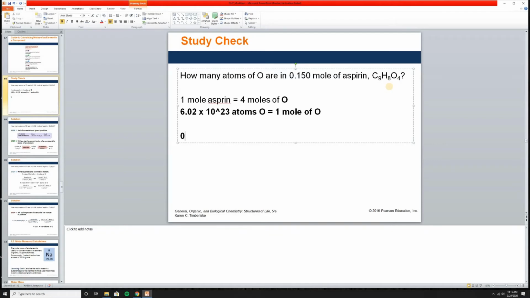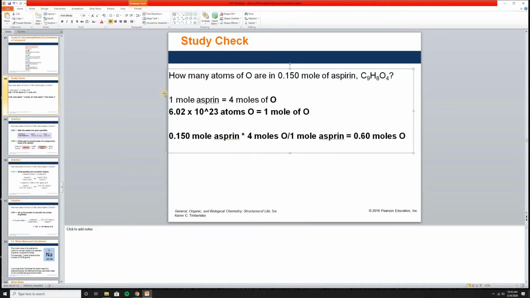All right, so let's do this. We have 0.15 moles of aspirin. If we know that 1 mole of aspirin is 4 moles of oxygen, we can multiply this number by 4 moles of oxygen divided by 1 mole of aspirin, to get 0.60 moles of oxygen.